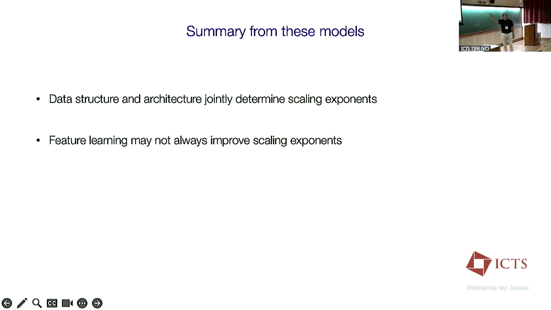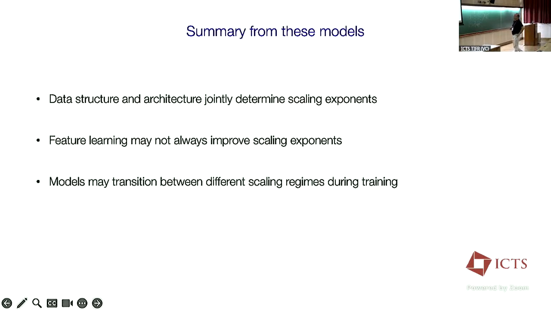This is true in the toy model, but in real data sets, the practical data sets that people care about, you'll always get some kind of improvement from feature learning. So it's interesting: what are the implications about data sets given this? Are these data in some way hard? The way we describe that will be interesting to think about. And of course the models may transition between different scaling regimes during training, and we can see a clear example of this here as well.